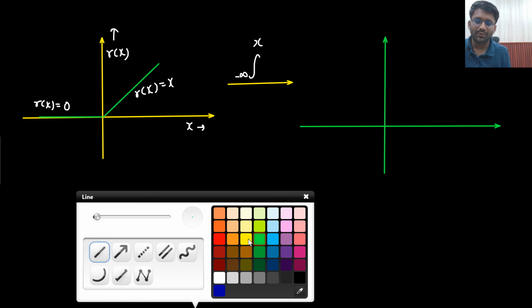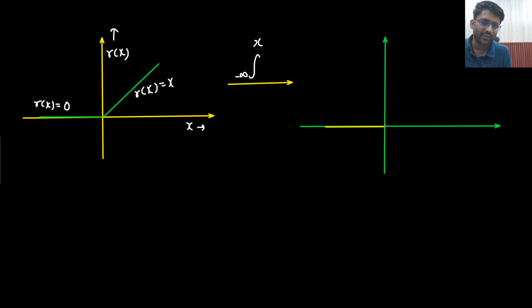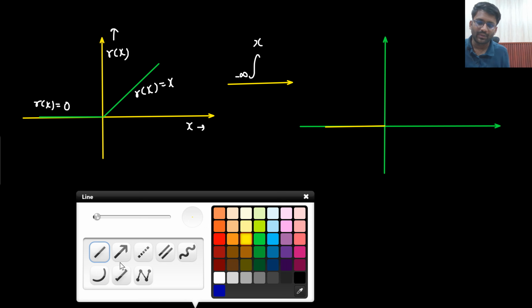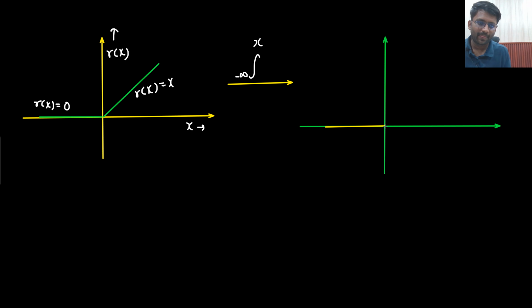The value is 0, 0, 0, 0 here, and then the integration of this will be like this. The integration was x here, so this became x square by 2. So this is your integration from minus infinity to x of r(alpha) d alpha.